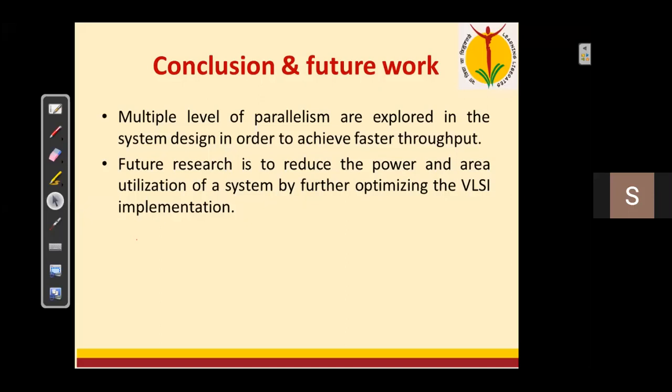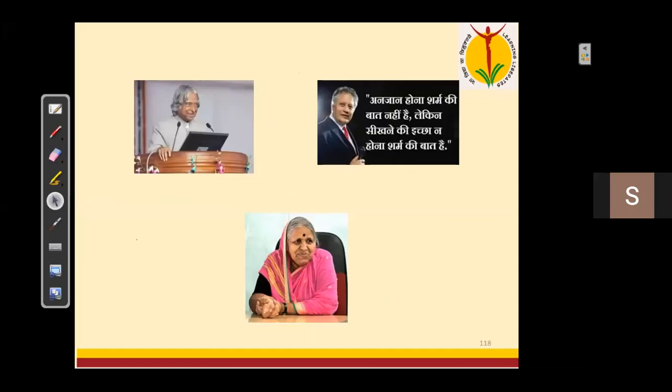I increased the speed, capturing independent data and processing it in a short span of time. I optimized the hardware and reduced the space, trying to implement all the systems in a single chip using VLSI technology. This is the second last slide.